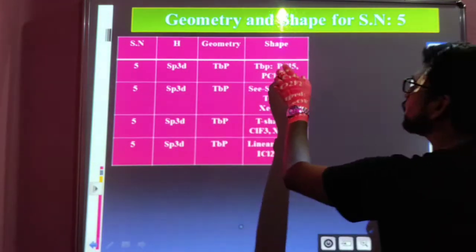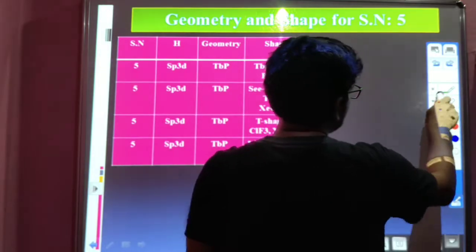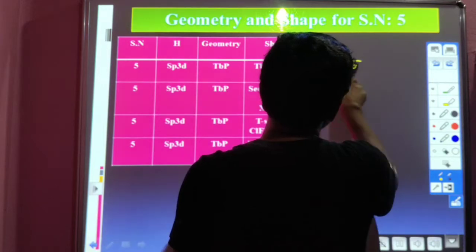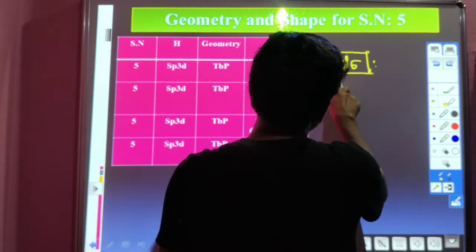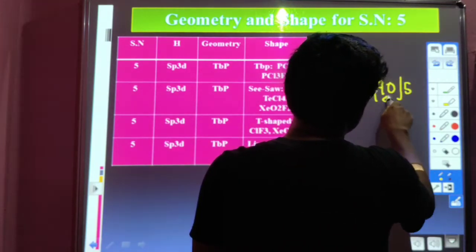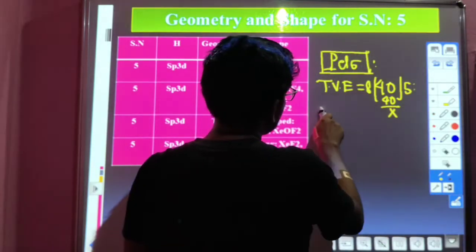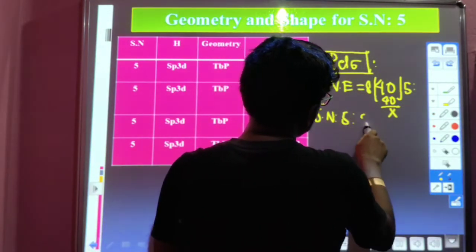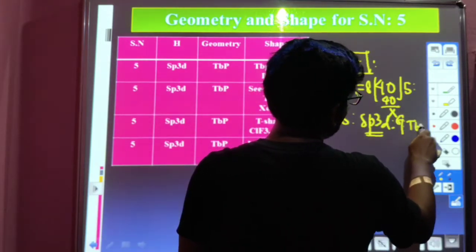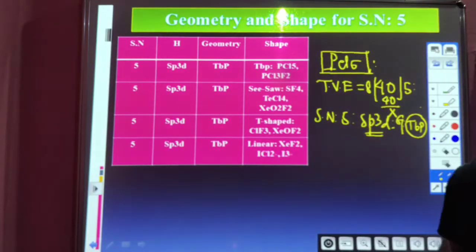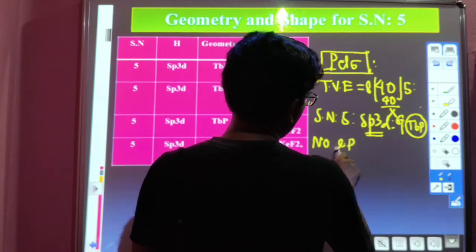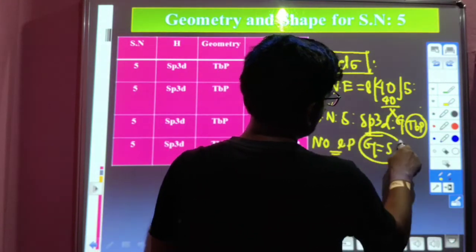See, PCl5. Total valence electrons in this count will be 40, 8 fives are 40. So steric number 5 means sp3d hybridization, means geometry TBP, no doubt about it. Okay, no lone pair of electron, so geometry equal to shape, no problem at all.